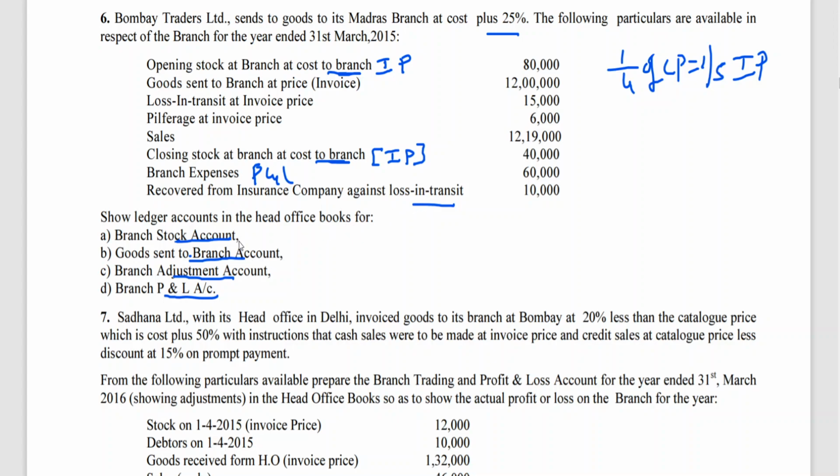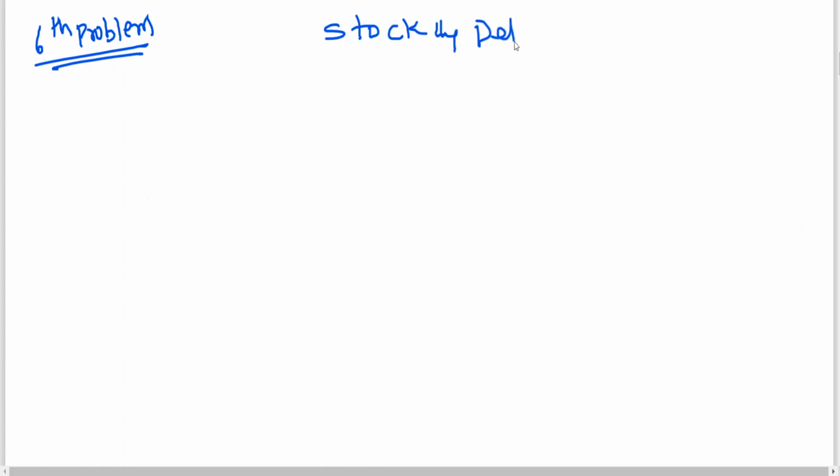Okay, so this is what you have to do. First, I am opening which account? Branch stock account. This is for you to remember. I am writing stock and debtors method.